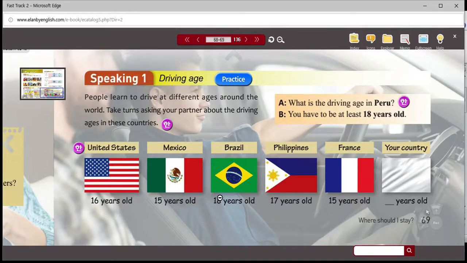You have to be at least 18 years old. What is the driving age in the Philippines? You have to be at least 17 years old. What is the driving age in France? You have to be at least 15 years old. Okay. So fairly easy to do there.